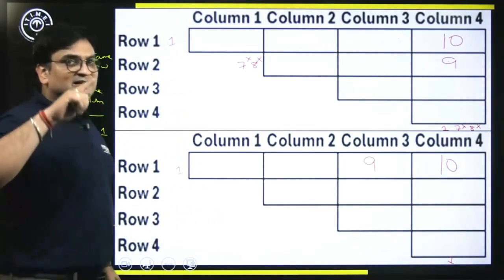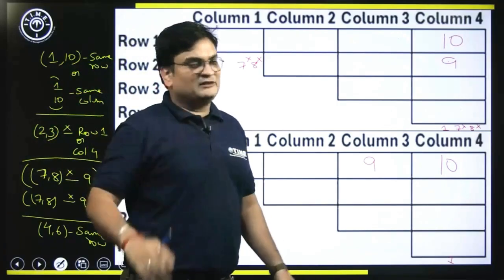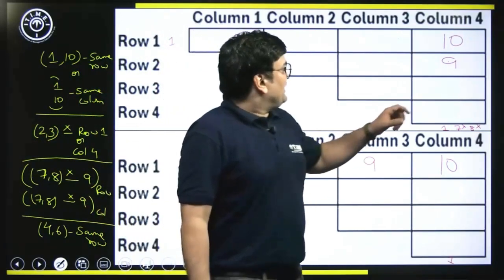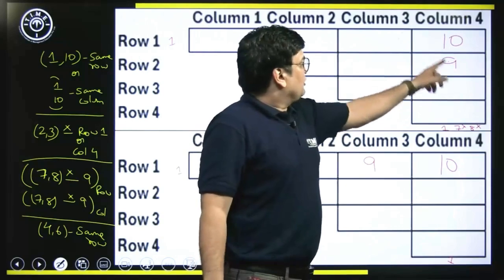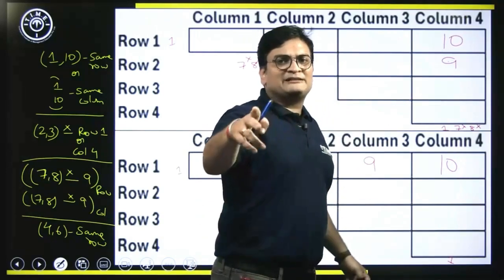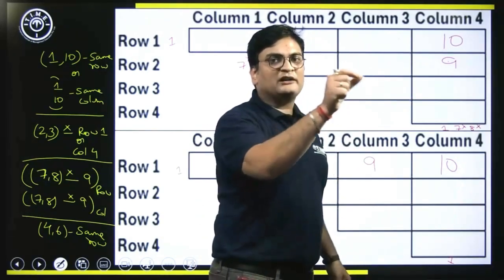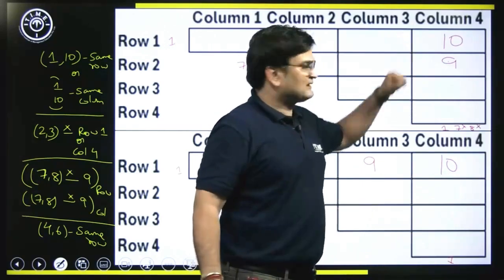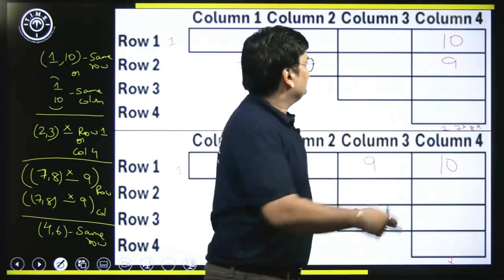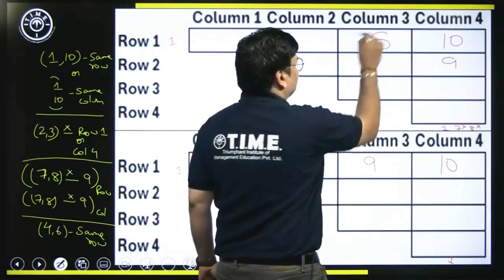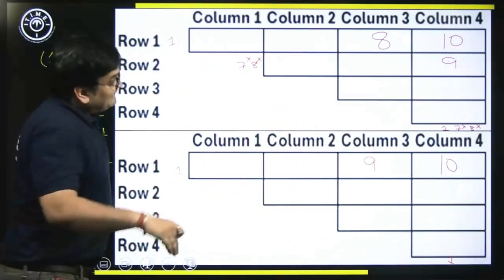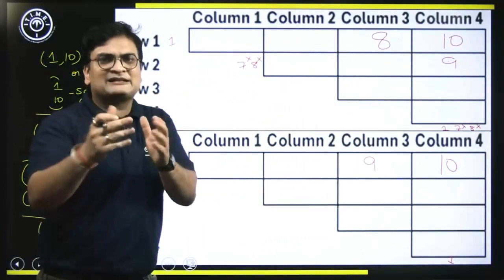Now 8 is the remaining highest number. Now 8 could have come either here or here, so basically in the 1 by 3 cell or in the 3 by 4 cell. But clearly 8 cannot come here, so 8 in this case can only come here. Next, the next remaining highest number is 7.